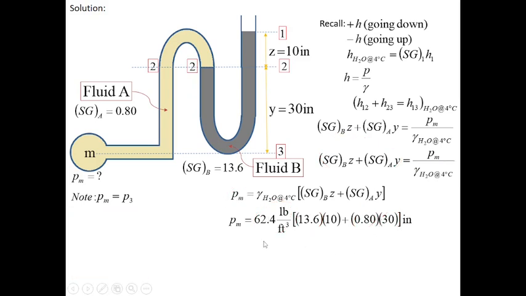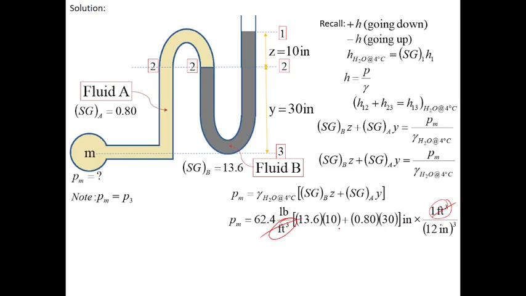So we will express this in psi. Let's convert cubic foot in terms of cubic inches. For every cubic foot, cancel, cancel, that is 12 inches cubed. 1 foot is 12 inches, so 12 inches cubed is 1 cubic foot.